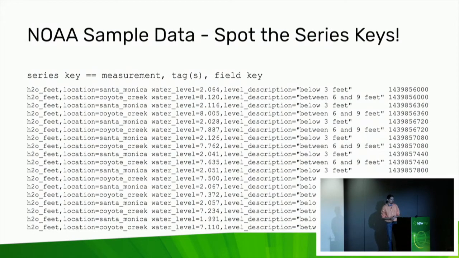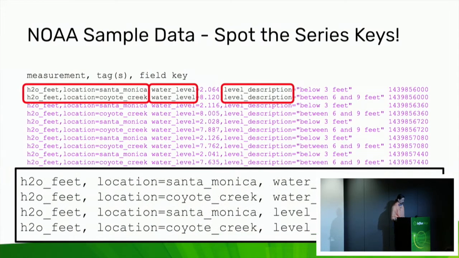So here's a bunch of line protocol for you to gaze at. Can you find the series keys? And I've put a reminder up there. Series key is measurement, tags, and field key. And here are the series keys. The measurement in all of this data is h2o_feet. We have two tags, location Santa Monica and location Coyote Creek.